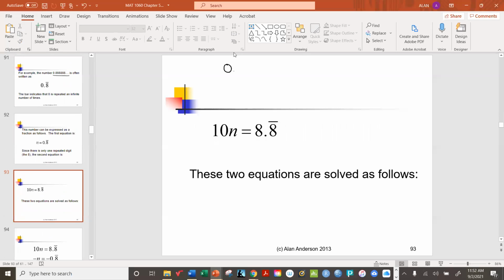Oh, okay. So in other words, if n is this, if I multiply this by 10, look what happens.